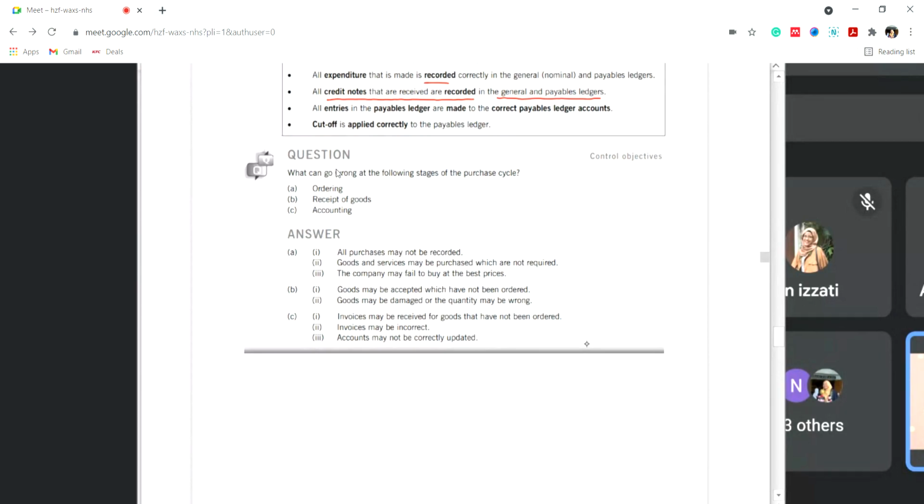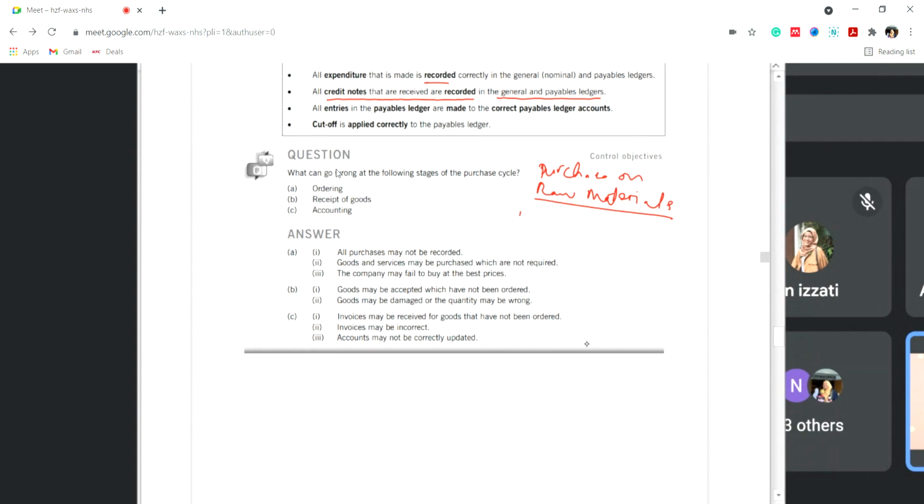Okay, it means that if the company purchases raw material, for the raw material the company must have what document? Purchase requisition.